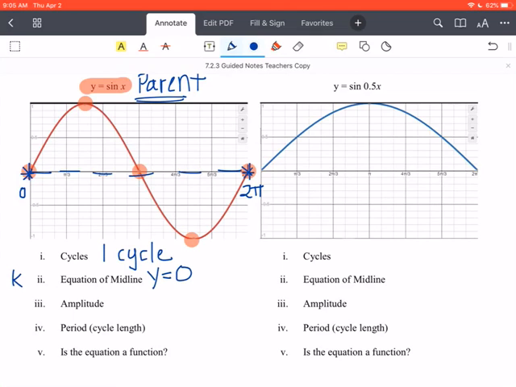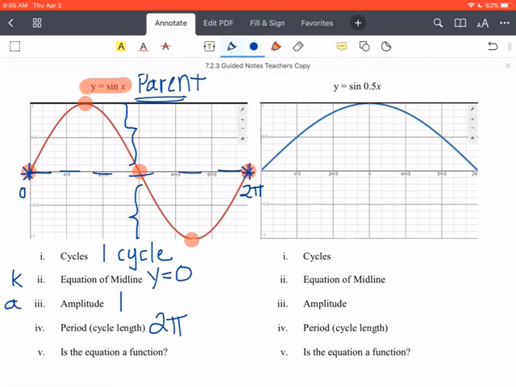And then the amplitude is the value of a, but we see that there is no number out front of sine, so the amplitude is the height of the peak or the depth of the valley, so the amplitude is 1. And then the period is the length of the cycle. So how long did it take us to get through the cycle? Well, in the parent function, we've already established it's 2 pi.